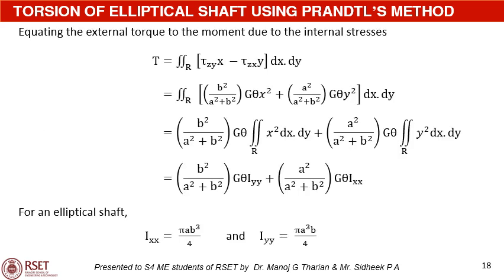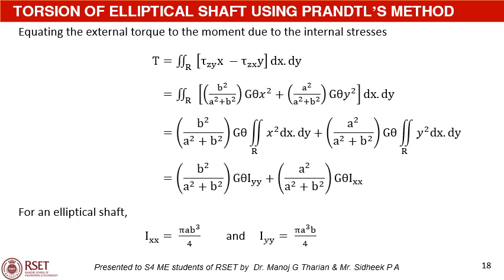Here we will equate the externally applied torque to the moment due to the internal stresses, and we get applied torque T = double integral over the region R of (tau zy x − tau zx y) dx dy.